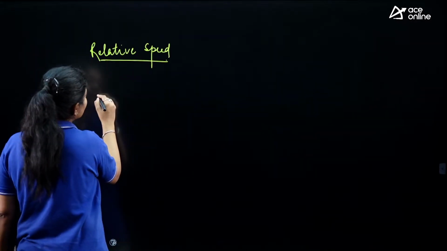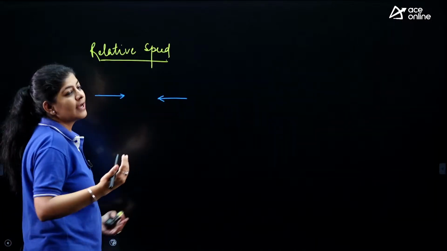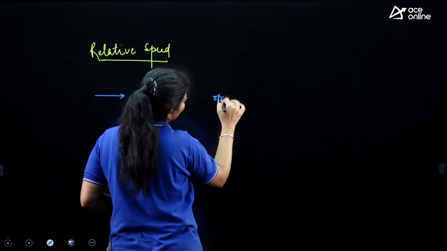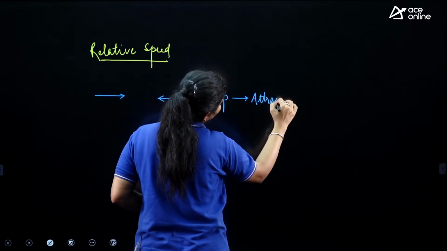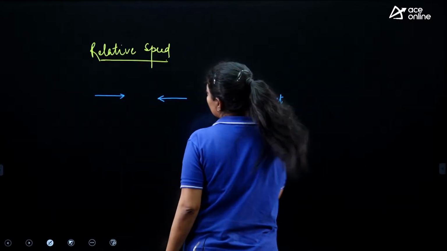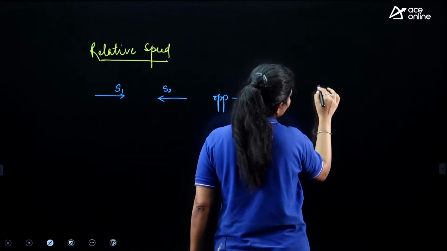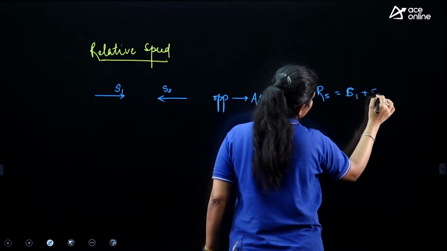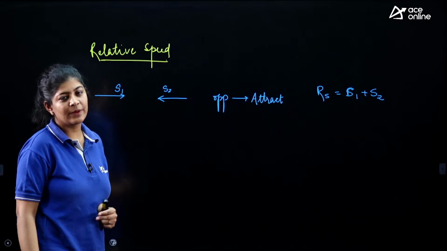In relative speed, if both the trains or both the persons are coming from opposite directions, we know that opposites attract each other, right? That means if we assume the speeds are S1 and S2, then the relative speed over here is S1 plus S2, the total sum of these two.